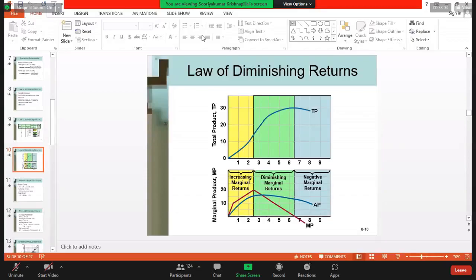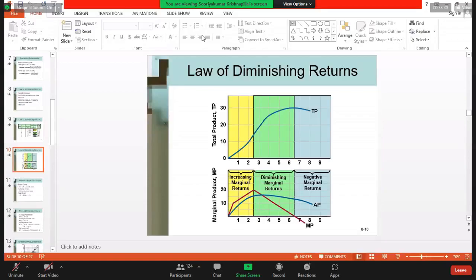So there is a relationship between the total production, the total cost curve, and total variable cost. Because total production has this shape, total cost and total variable cost depend on this total production shape.